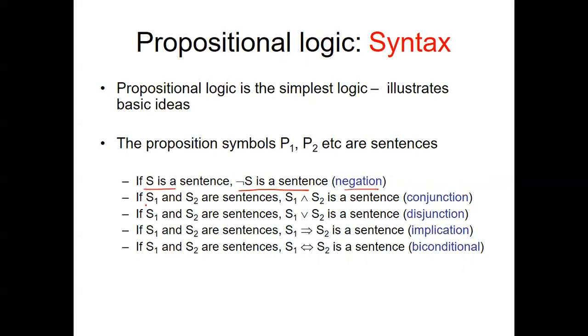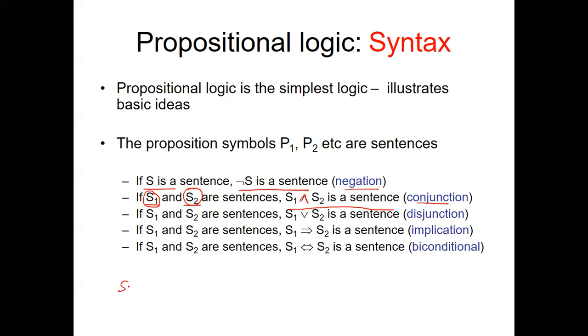If S1 and S2 are sentences, then S1 and S2 is also a sentence. This is something like a compound sentence. S1 is one separate sentence, S2 is another separate sentence. Then you can combine S1 and S2, and that is also a sentence. As per propositional logic terminology, this operator is called conjunction.